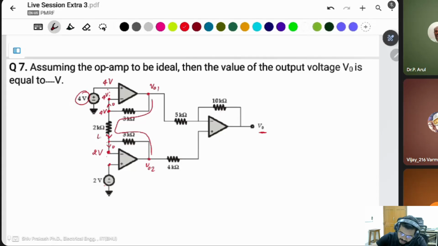Suppose I take this current as I, then what is the I? This voltage is 4 volt minus this voltage 2 volt, 4 minus 2 divided by the 2 kilo ohm resistance, 2k. This will be 1 milliampere. This same current I passes through this one also. It is here also I, because this current is 0.